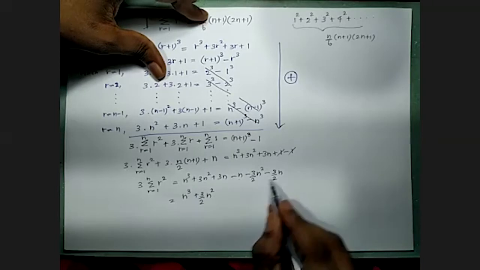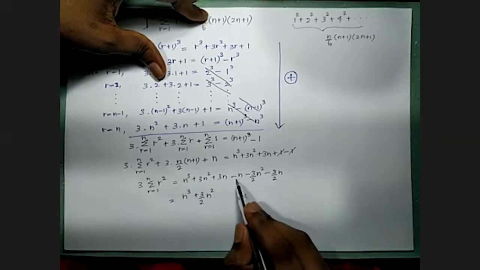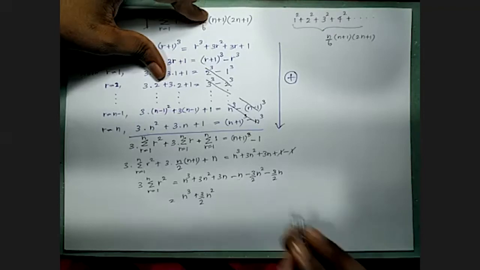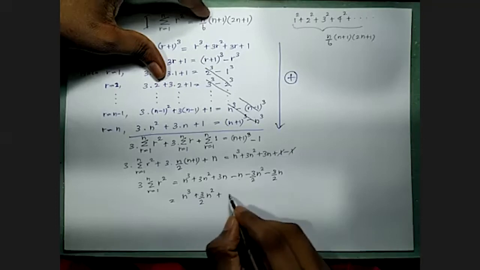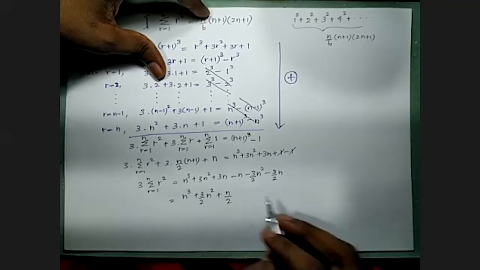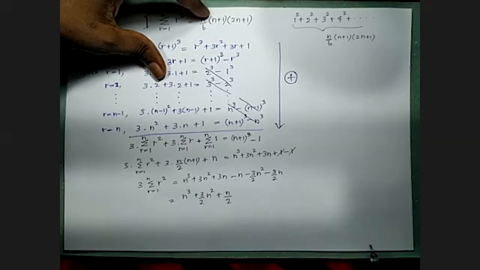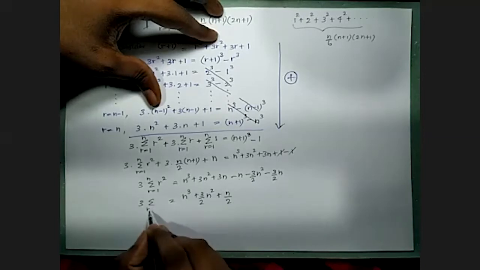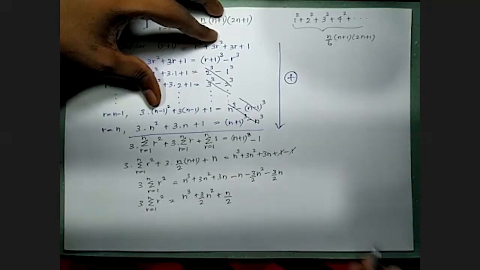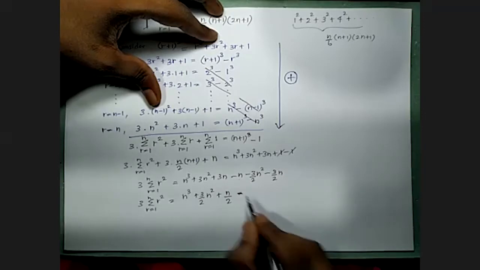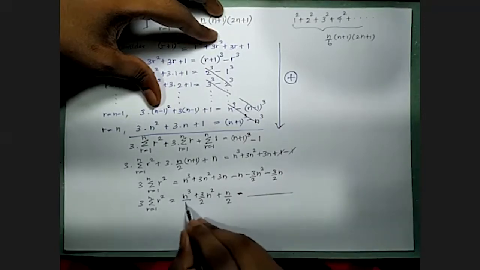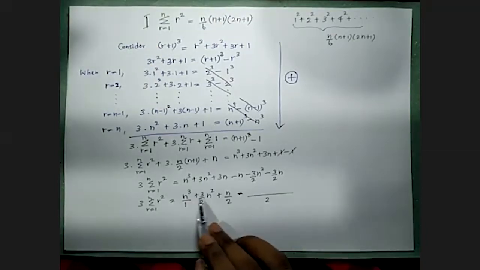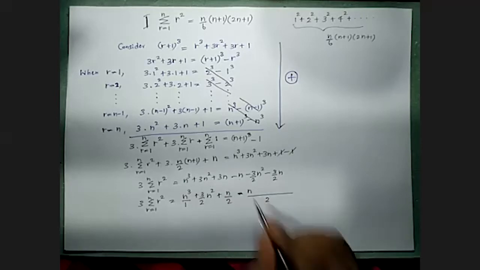When we have three like terms, simplify these two, it is 2n. 2n minus 3 over 2n, answer is n over 2. Simplify and see. 2n minus 3 over 2n, that is n over 2. Then take the common denominator for these three fractions. Common denominator is 2. And you have a common factor, that is n.